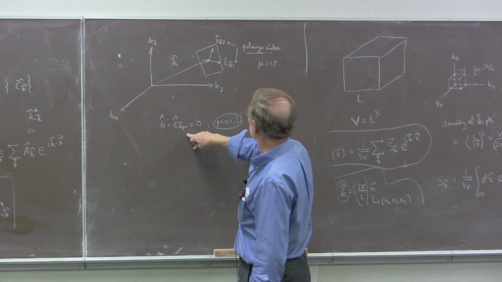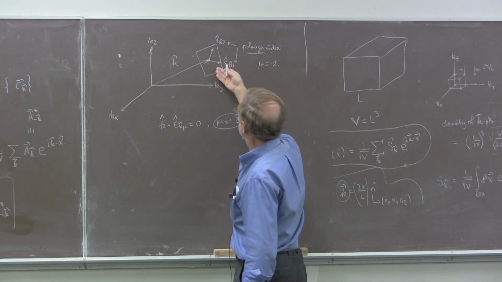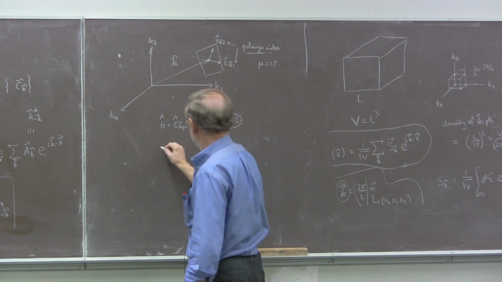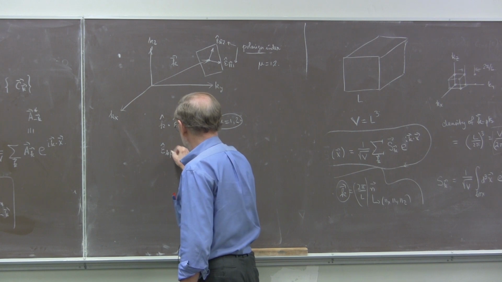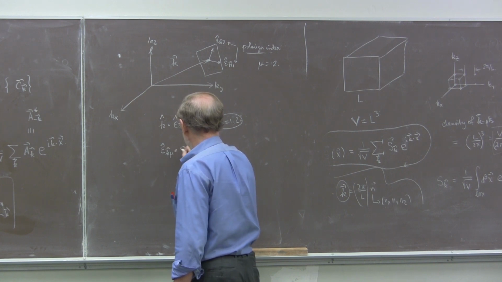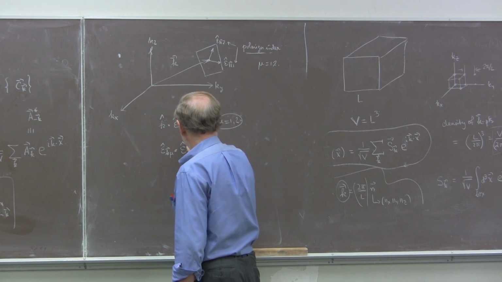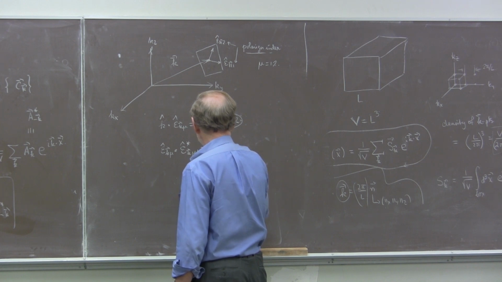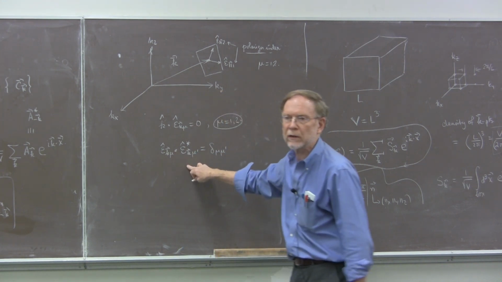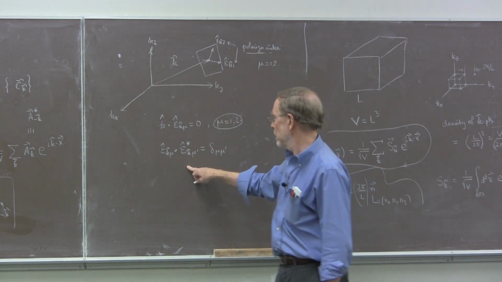And these vectors are orthogonal to the k direction, because they lie in the transverse plane. They're also orthonormal to each other: epsilon hat k mu, complex conjugated, dotted into epsilon hat k mu prime is a Kronecker delta mu mu prime. They're orthonormal in the sense of complex vectors, with a star on one of them.